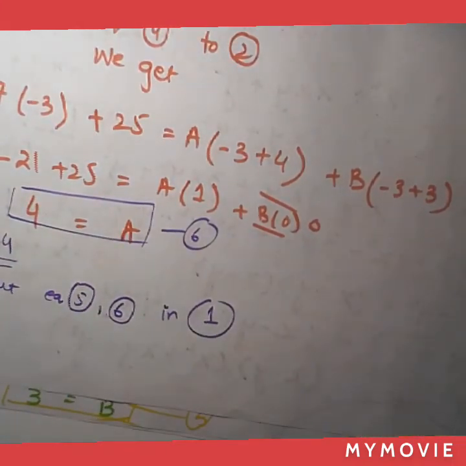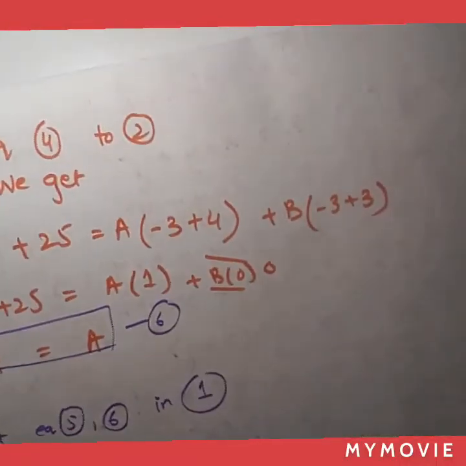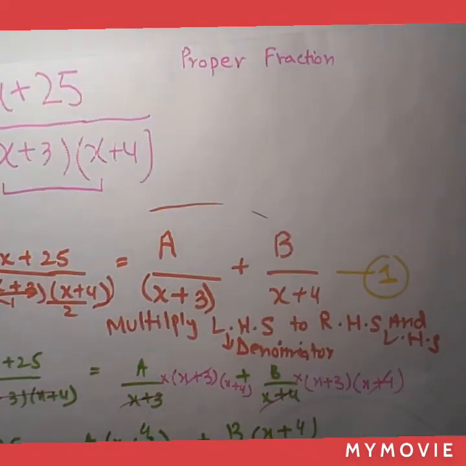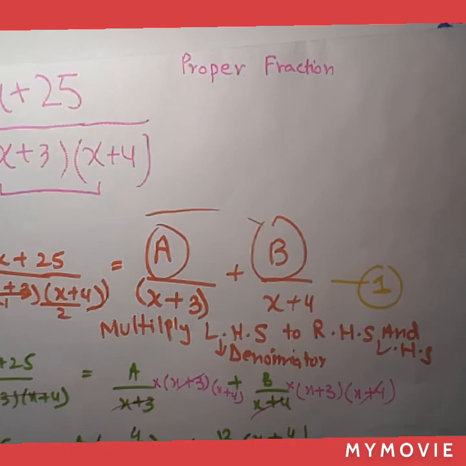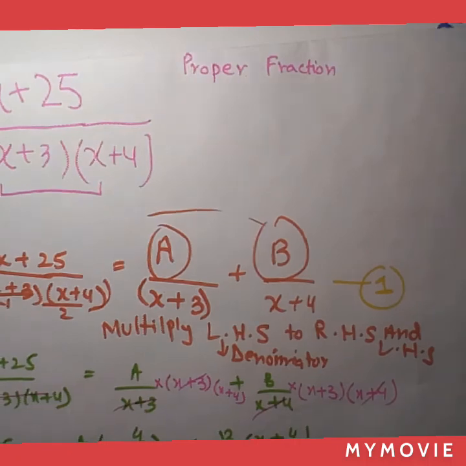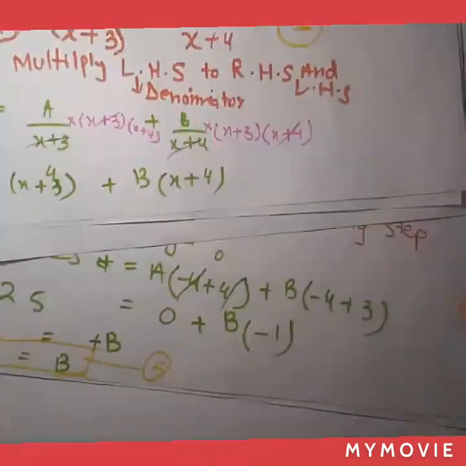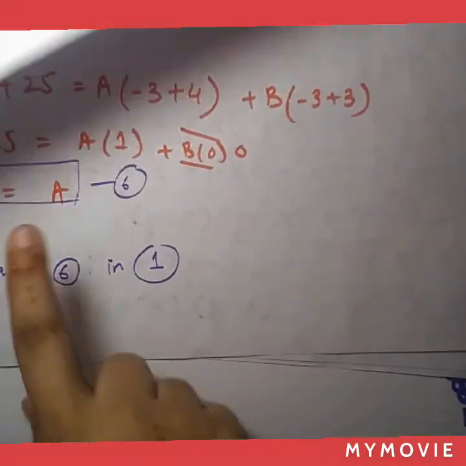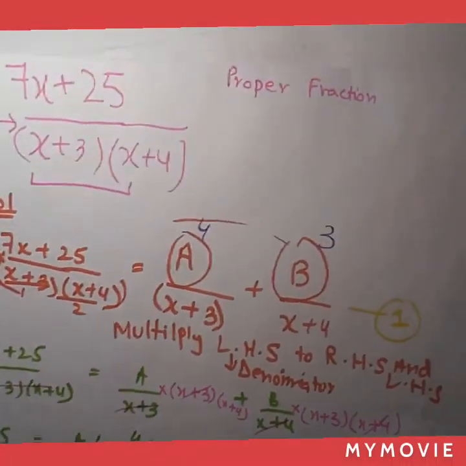Remember what equation 1 is? Equation 1 is the equation we put first. Here you can put a and b's values. What is b? B is 3. And what is a? A is 4. Then put them in. That is our answer, the solution.